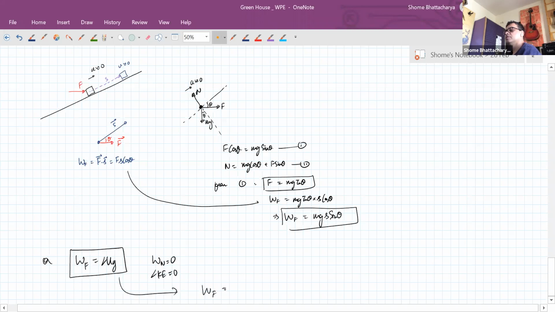So work done by F is mgh, where h is s sin theta. So it's a one-line statement from this. Whereas here you are having to work out the angle, then work out the force in terms of that angle and all that. Okay. So obviously using the statement of work energy theorem is going to be easier here.